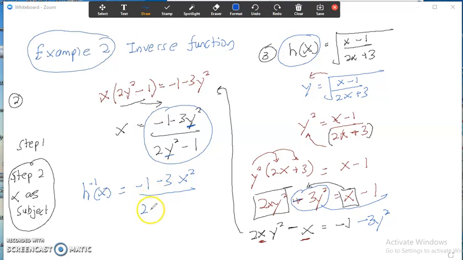Squared minus 1. This is the solution for this question. This is the inverse function.